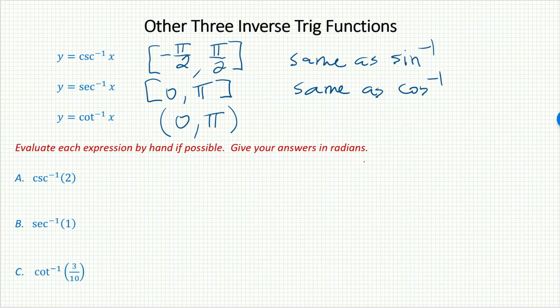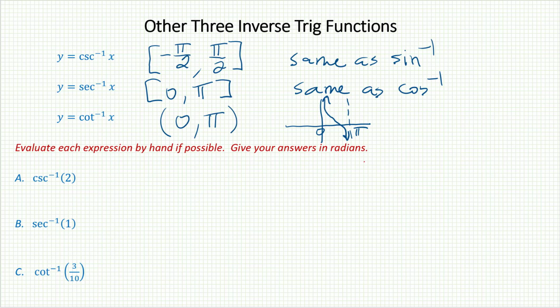Notice the parentheses at the ends because 0 and pi are themselves undefined for the cotangent function. This is not the same as inverse tangent. The reason here is that we want to choose one complete cycle of the cotangent function, and one complete cycle takes place between 0 and pi.